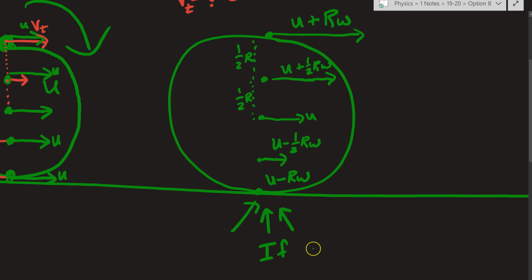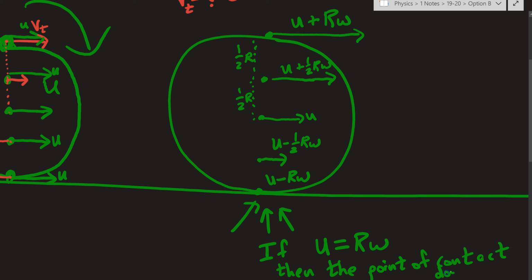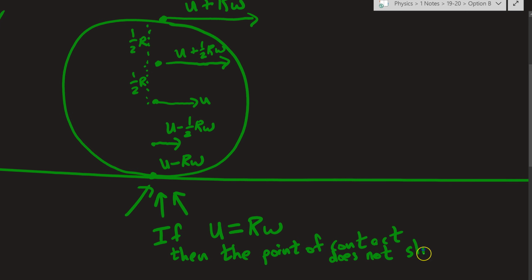If u is r omega, or if r omega is the same size as u, then the bottom point, or the point of contact with the ground, does not slip.